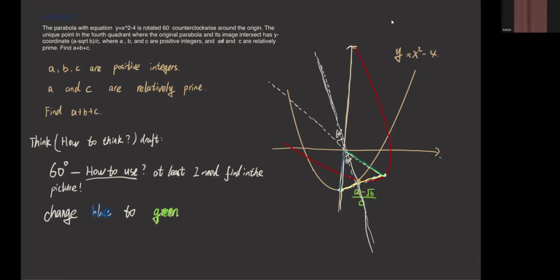That means every point previously here, when you do the 60-degree rotation, has to go here. It changes to here.